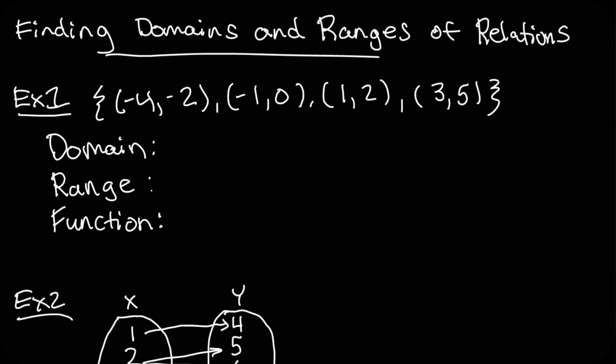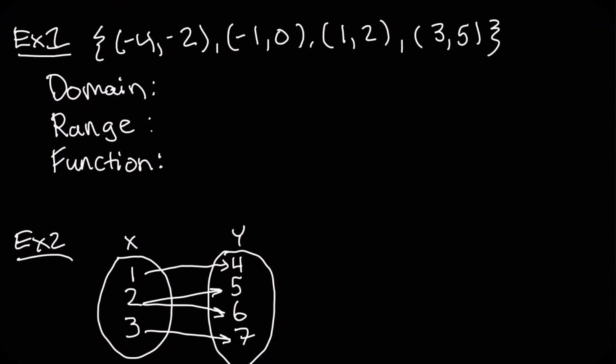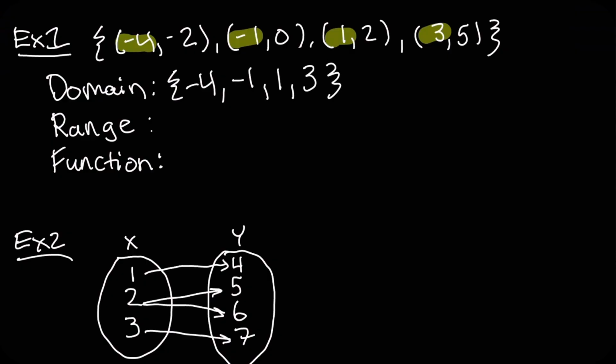So for our first example, we see, what are our x values? Well, our x values are right here. So we can go ahead and write our domain out. We'll say a -4, -1, 1, and then 3. And then what are our y values?